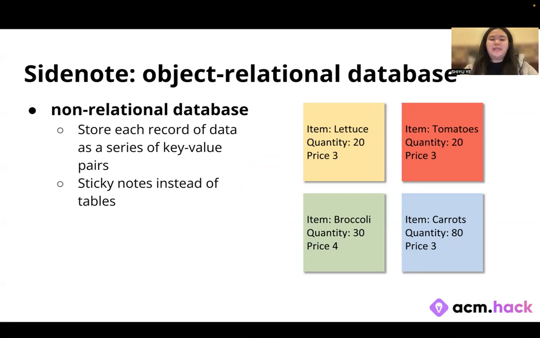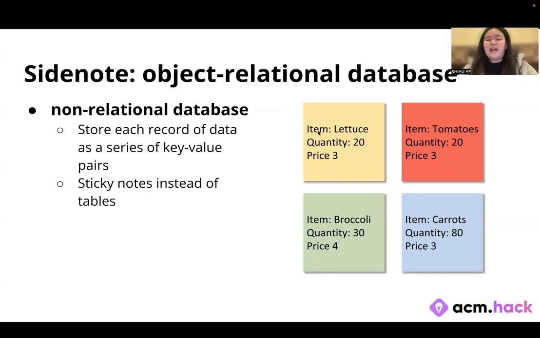As for a non-relational database, it stores each record of data as a series of key value pairs, and you can visualize it using sticky notes instead of tables. For example, on the right-hand side over here, we have a couple of instances, a couple of data entries. Each of those data entries has a key of item, a key of quantity, and a key of price.